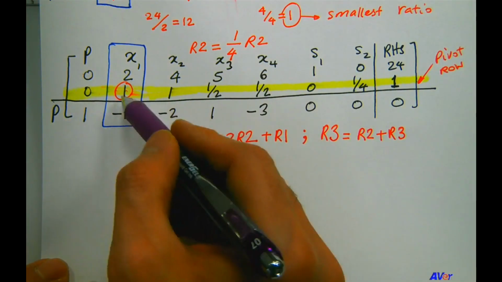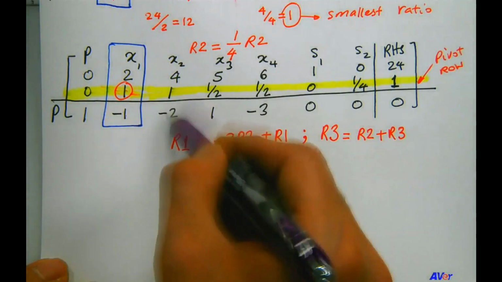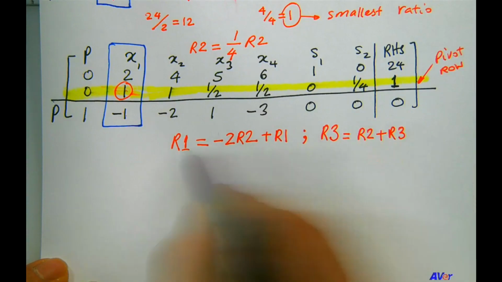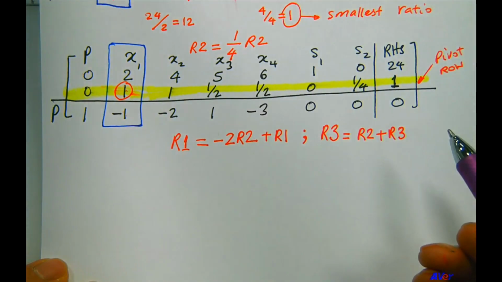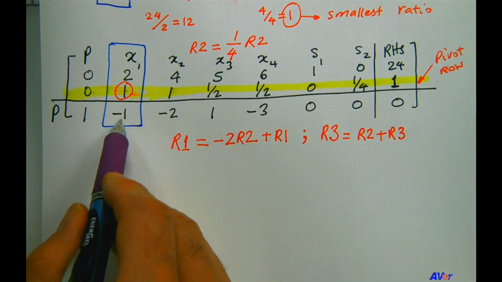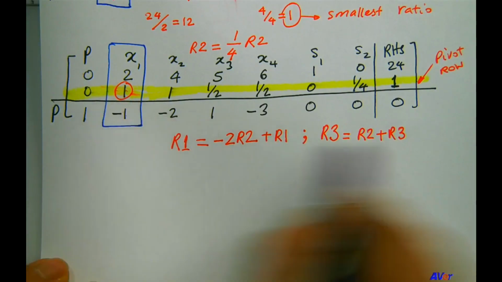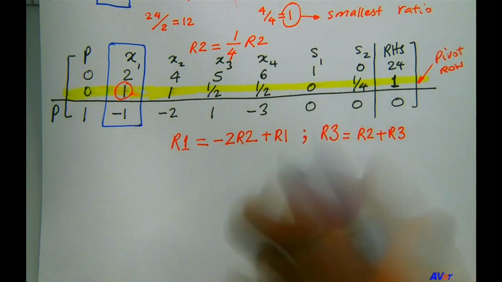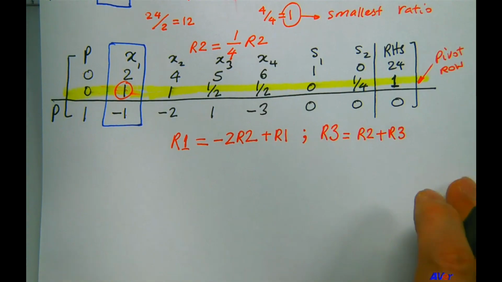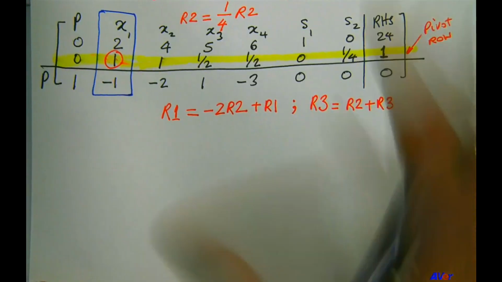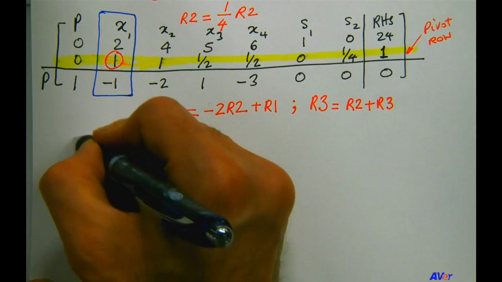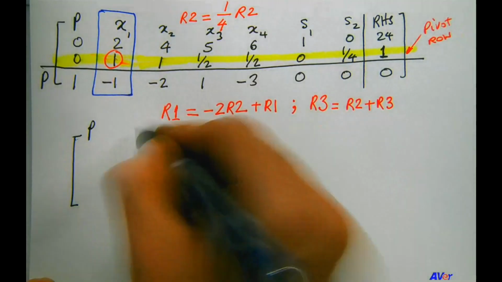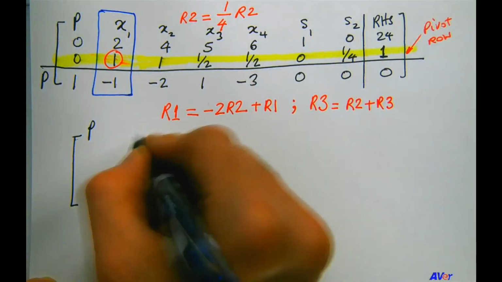But we can't just add these two numbers and not do the same thing to both rows. That's the whole point. That's why we have these row operations. Even though our objective is just that, to convert this to 0, we have to carry this operation out on everything, on both rows. Okay, so these are our row operations. Your tableau is already written, so hopefully my answer will match what you already have on your paper.